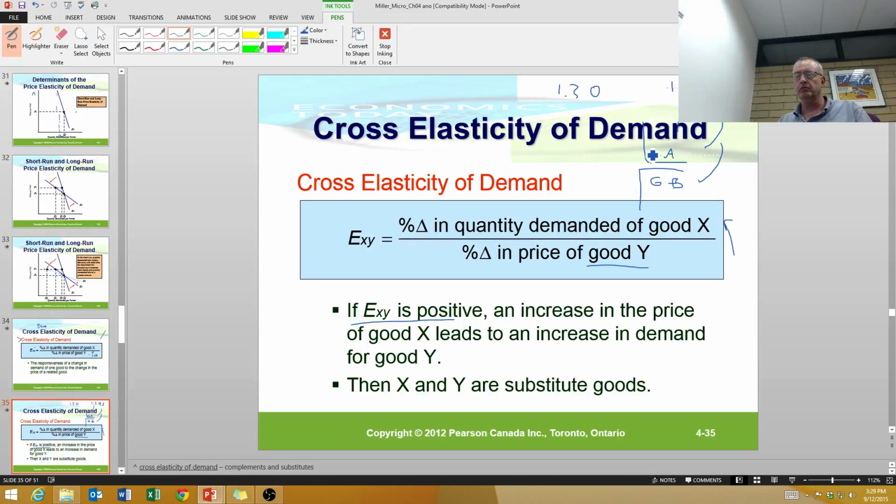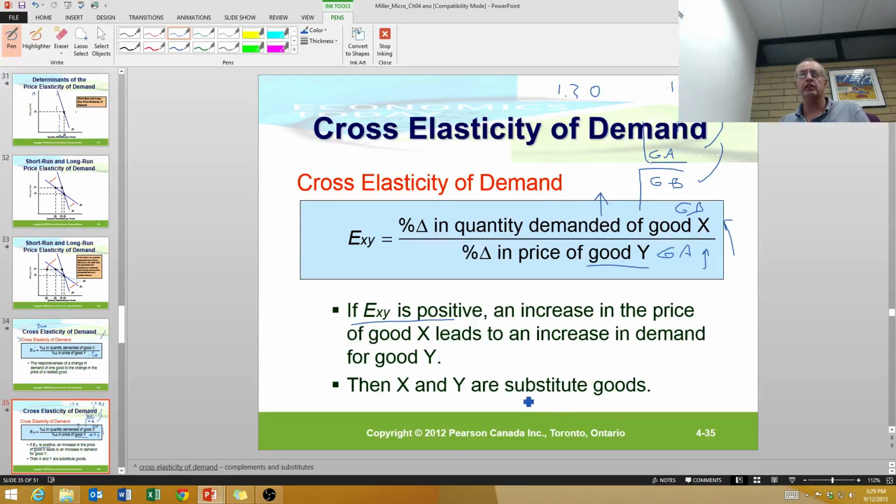Well, most gasoline is a substitute for other gasoline. So if the price of gasoline at gas station A increases, then the quantity of gasoline demanded at gas station B will probably increase. Why?